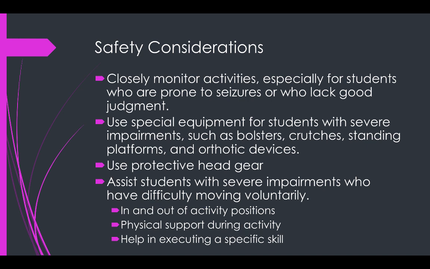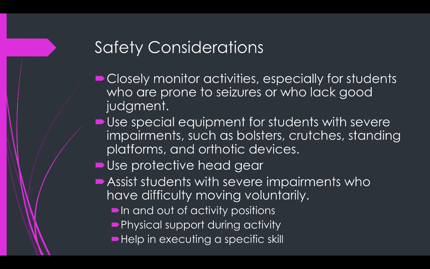Special equipment may be used, such as bolsters, crutches, different standing platforms, or orthotics. This is more so for individuals after they've had a stroke and have had some paralysis or muscle weakness. They may be using different pieces of equipment to help support their body. Some individuals may have protective headgear on.